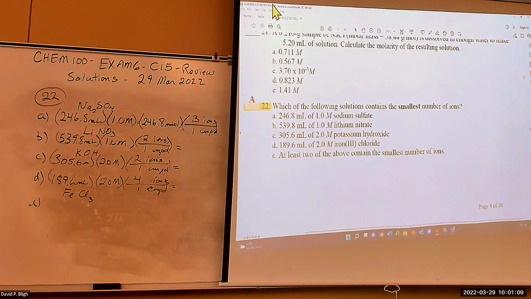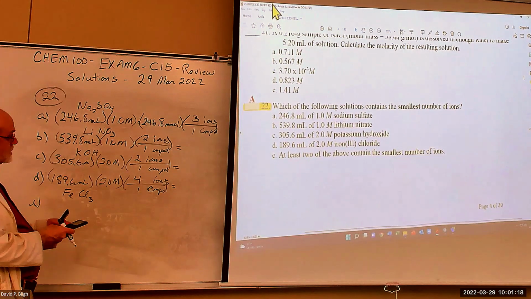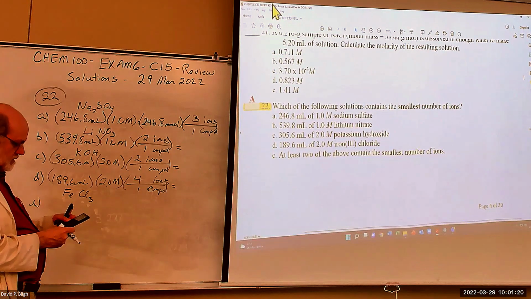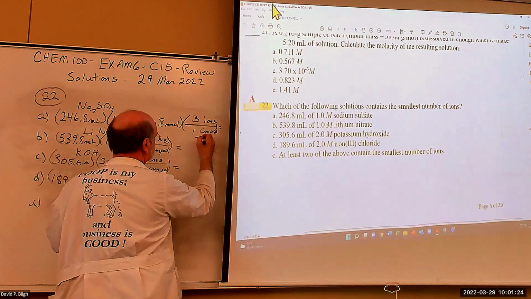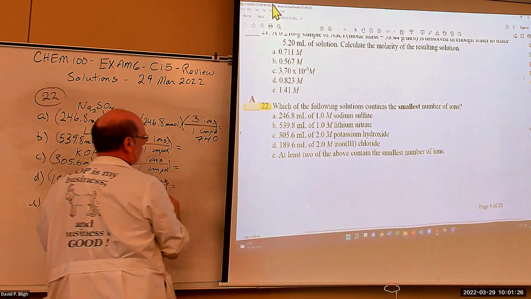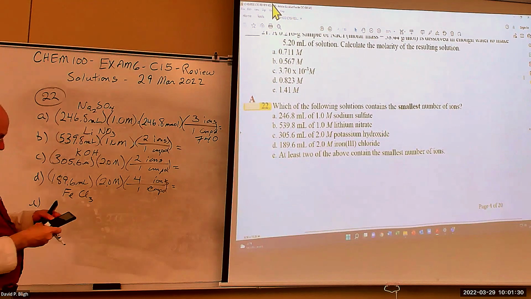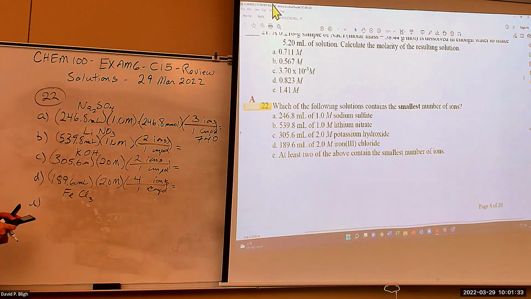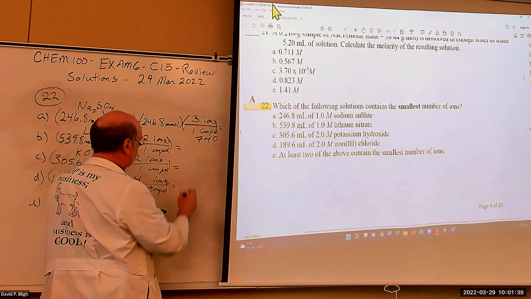Now we can do the calculations. 246.8 times 3 is 740. So this is 740 millimoles of ions. This is 539.8 times 1 times 2 is 1,080.